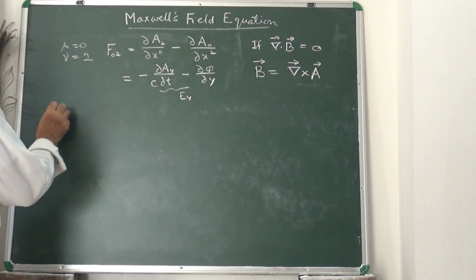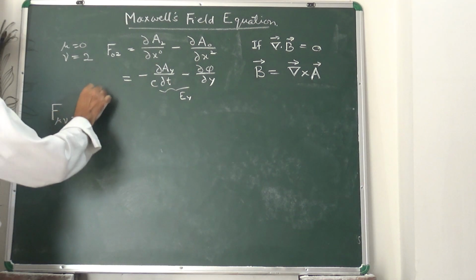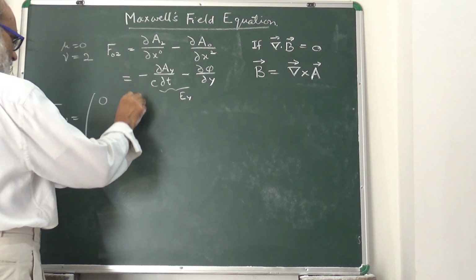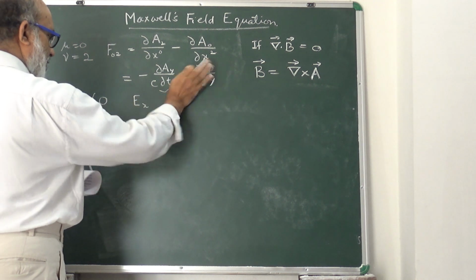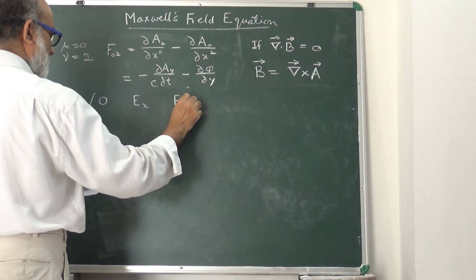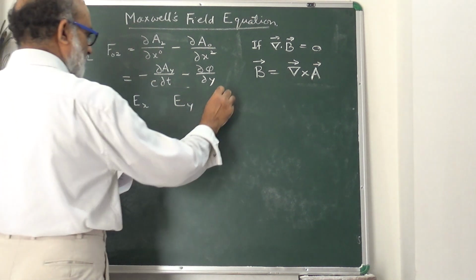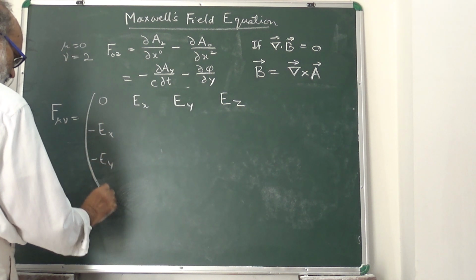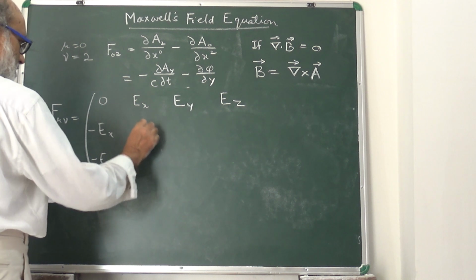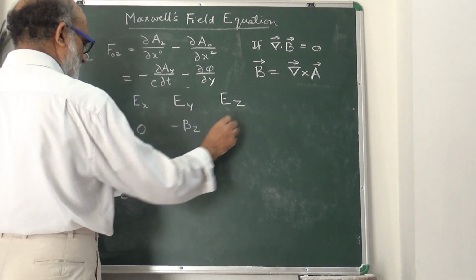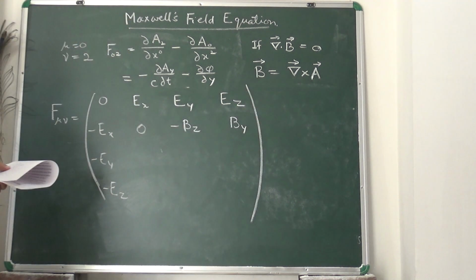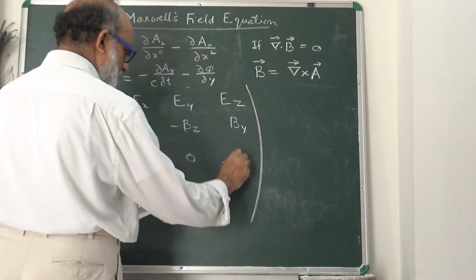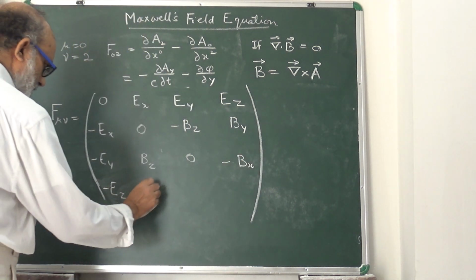So we will get F mu nu as: F00 is 0, F10 is E_x, and so on, with entries Ez, minus Ex, minus Ey, minus Ez, 0, and the derivatives dx, dy, dz.